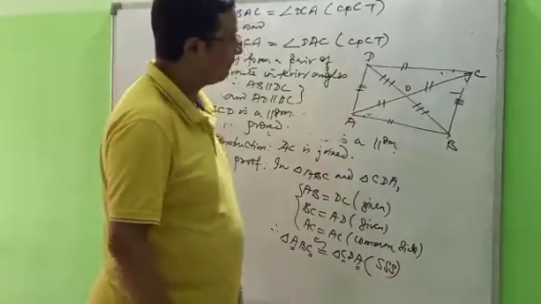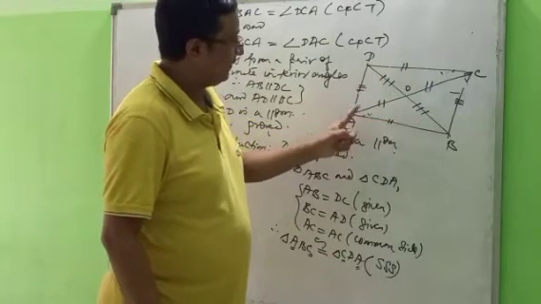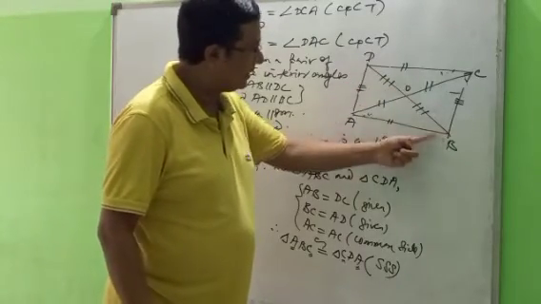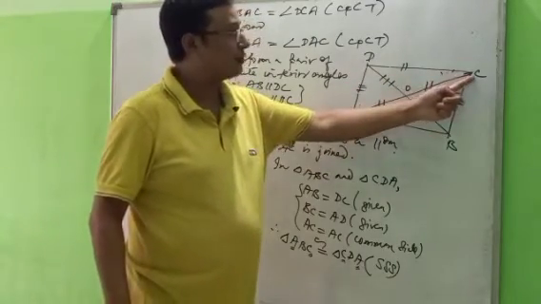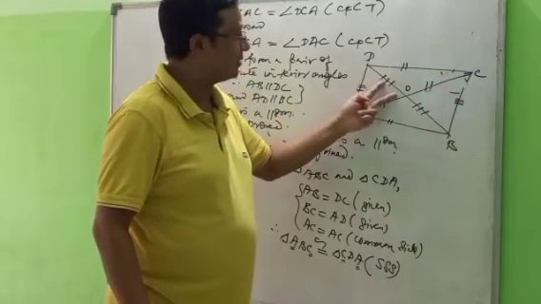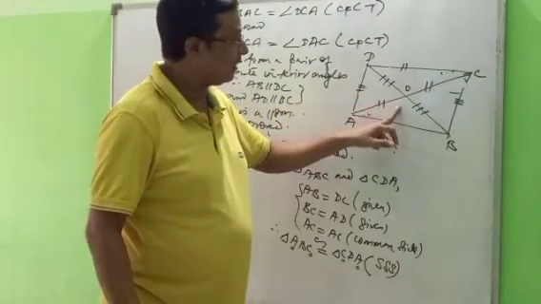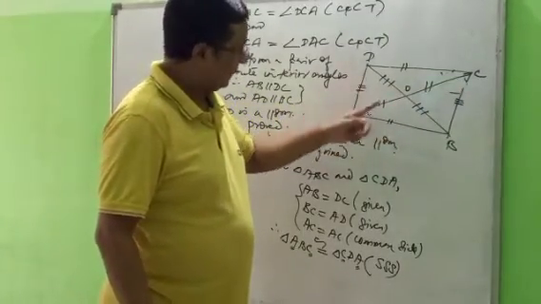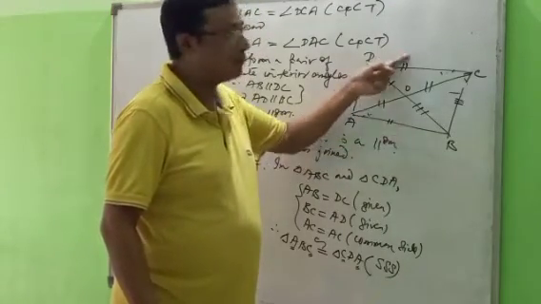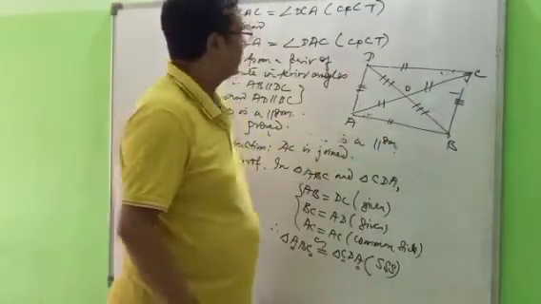Third one, if the diagonals bisect each other, that means O is the midpoint of BD as well as of AC, which means AO equals CO and BO equals DO, then this figure will be called a parallelogram. Last one, if at least one pair of opposite sides is equal and parallel, then this will also be called a parallelogram.